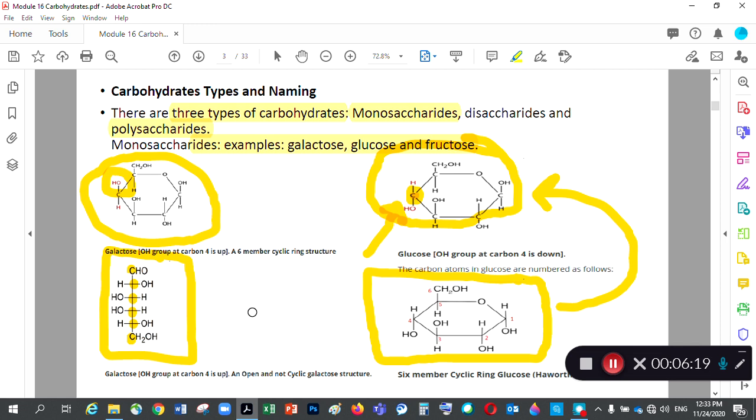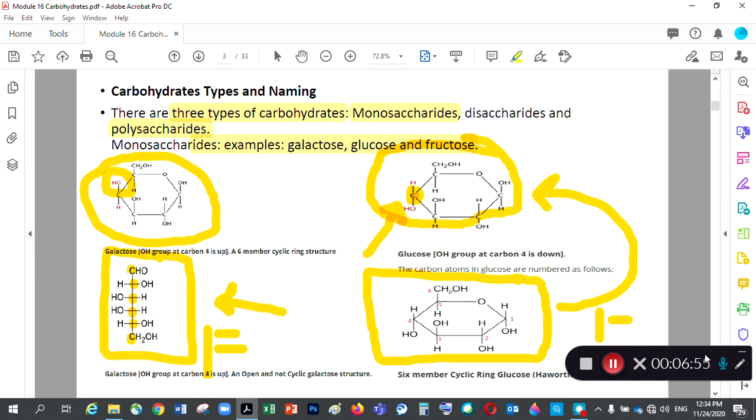However, this one is called Fischer, let's mark it with F, and this one is called Haworth, with an H here.